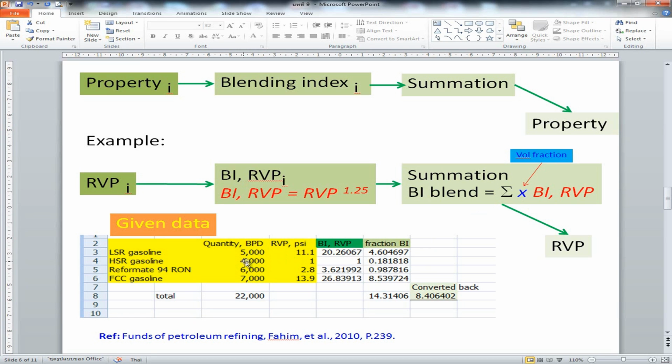And then after that, we sum this up, and what we have here is the blending index on this side. And then we reverse to the RVP in the final. So after mixing that together, the final RVP is about 8.4.